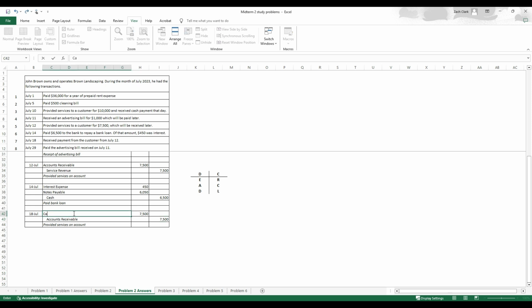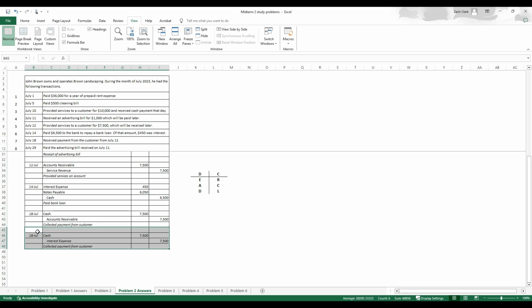So it's no longer a receivable that we need to reflect. And we'll say collected payment from customer. If we didn't reduce the receivable, it would appear in our accounting records that the customer still owed us the money, but that's not the case. So that's why we need to reduce the receivable to 0.